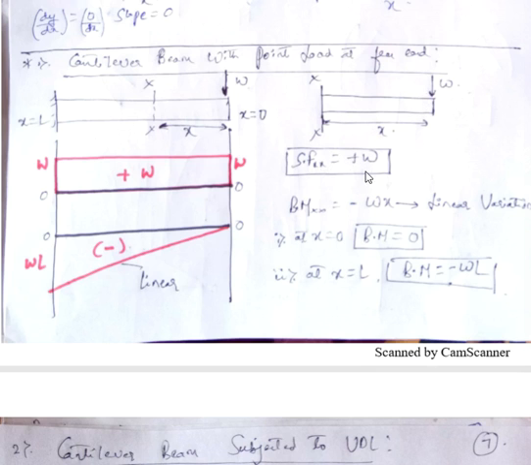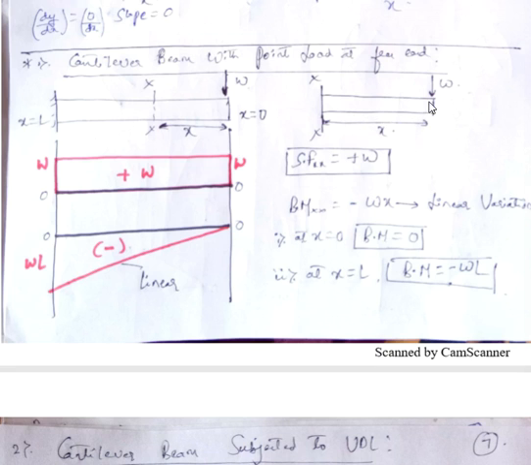Now if you look at this equation for shear force, there is only W and there is no x. That means this shear force is not depending on the value of x. If I consider this section, shear force will be W. If I consider any section, then shear force is going to remain constant, that is W. It is not going to change with respect to x, because there is no term x.